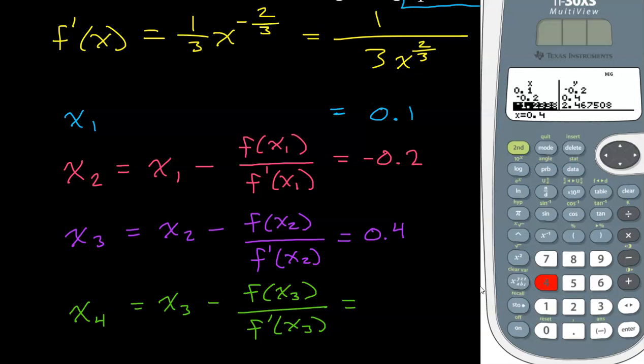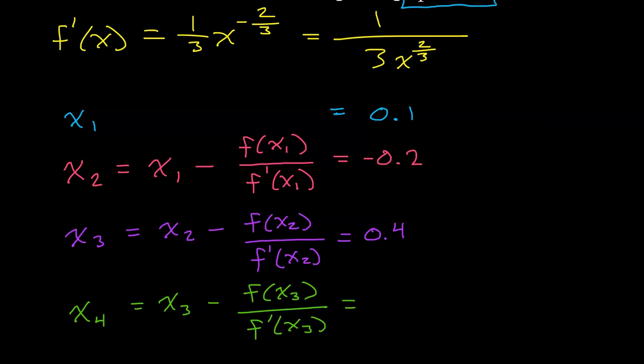Look at the pattern. We had 0.1. Ignore the negative sign for a second. I had 0.1, 0.2, 0.4. Can you guess what the magnitude of the next value is going to be? I'm hoping that you're guessing 0.8. It seems like the absolute value of these is doubling each time. 0.1, 0.2, 0.4.